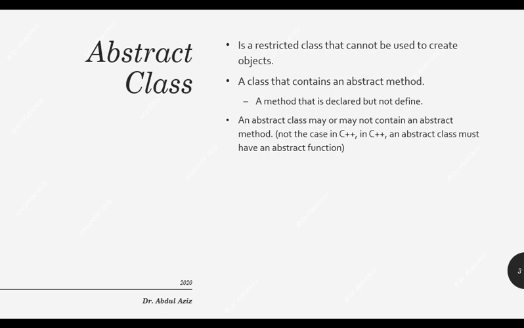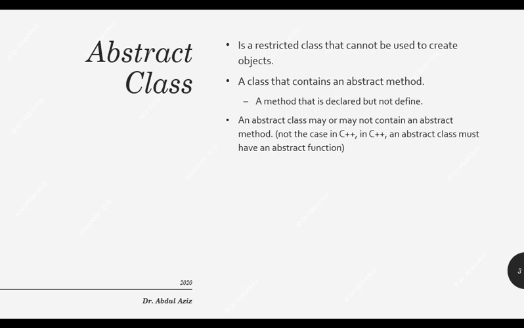There is only the declaration and there is no definition for the method. An abstract class may or may not contain an abstract method, but this is not the case in C++. In general, the object oriented paradigm states that an abstract class is a class that contains an abstract method, or simply a class that does not allow us to create its object.